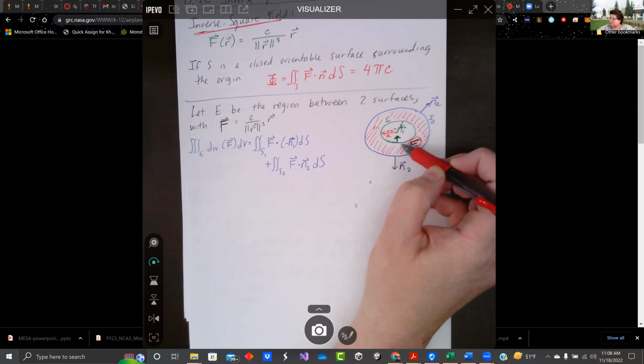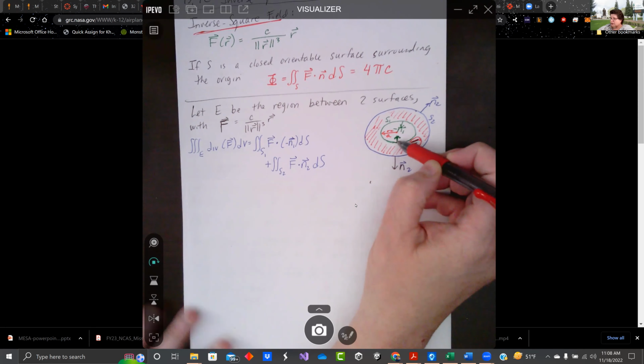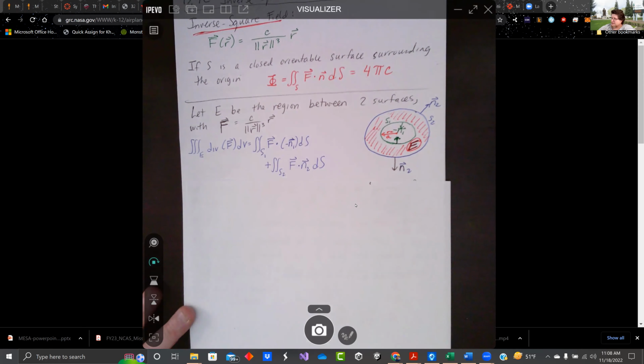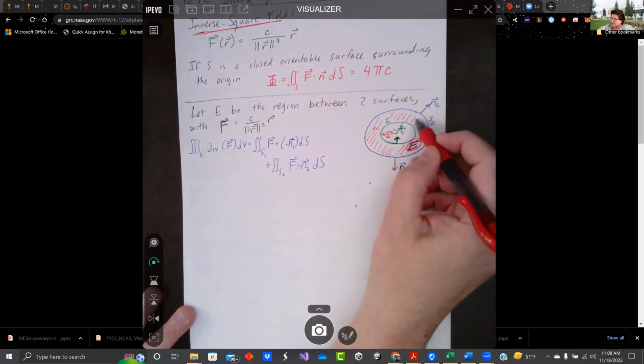So we have to do N1 going inwards, because that's the direction it's pointing. It's pointing away from where the volume is.